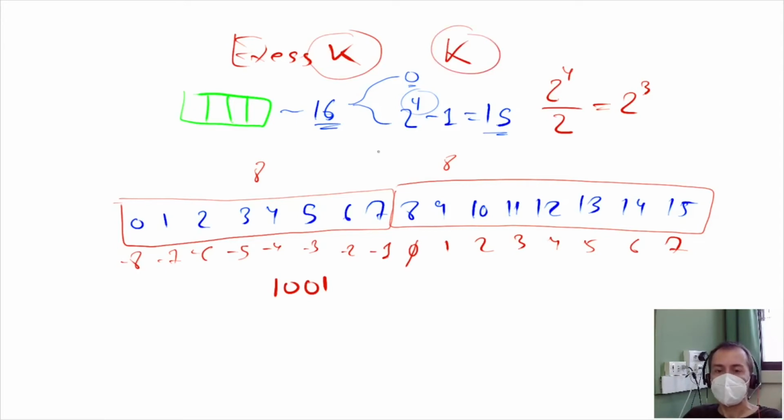So in this case, K is 2 raised to the third power. This is where you put the separation between negative and positive, just before that number. This is 8, so you put the separation before the eighth position. So the first thing to do is to convert this to decimal.